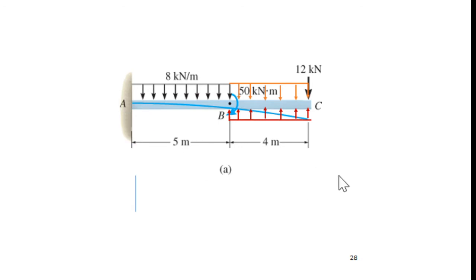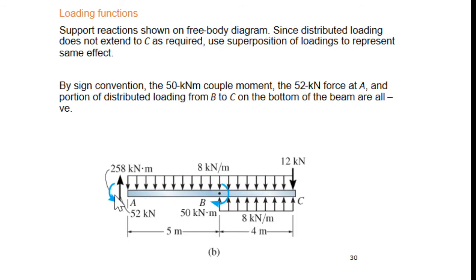So now we can take a section towards the end of the beam, and this section is at x distance. So our beam will look like this. We have these two reactions, this loading, this couple, this loading, and we are taking a section here.